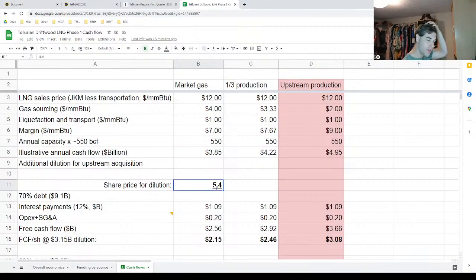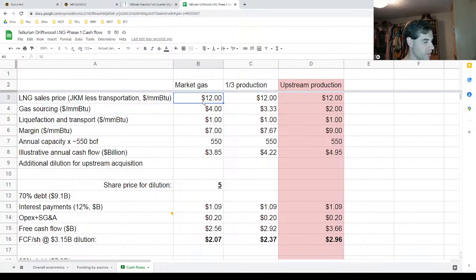And so I have this model here. Let's bring this back down to $5 for a share price for dilution. Sorry, that was an update I meant to do before this. And so if we look at this, right? We have their column B and column D, which are the numbers that they have as an example in their investor presentation. You have the sales price of the gas, JKM less transportation.